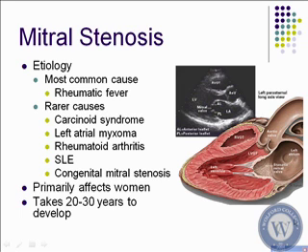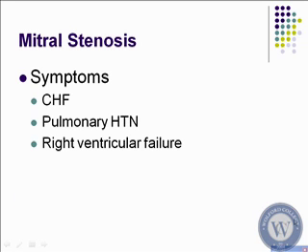This disease, because it's due to rheumatic fever, mostly affects women. Okay? It takes about 20-30 years for mitral stenosis to develop, so it's a long-term disease process. And it needs to be picked up earlier rather than later. If you wait too long, then the person will develop primary pulmonary hypertension, and they'll have big problems.